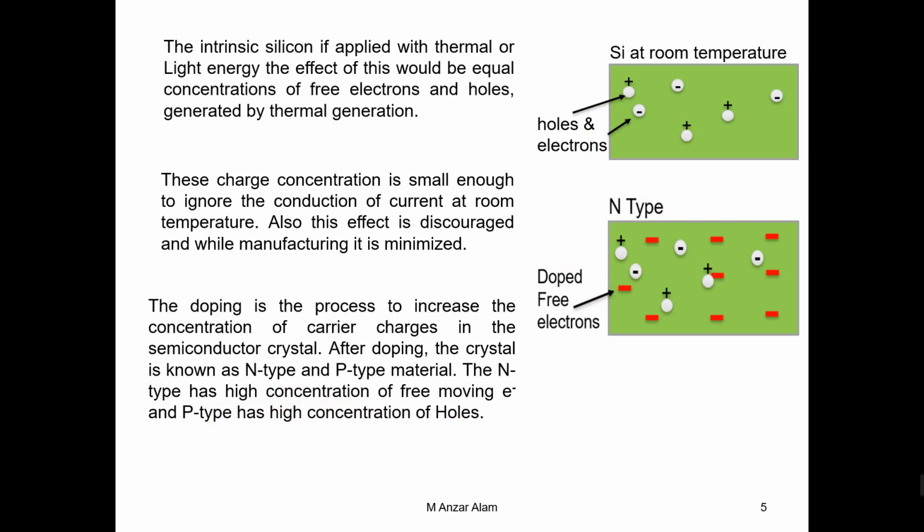I am not sure. So we understand these two figures. You have to differentiate between these two figures. These are the charges generated by the thermal energy, and the dopant material causes the concentration of the free electrons. The red is the free electrons. Okay. Now move next.